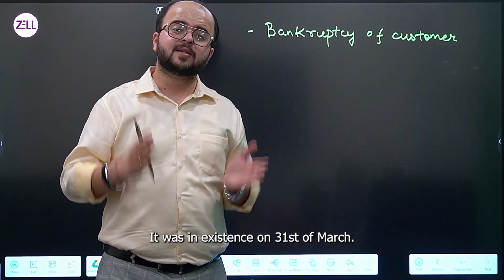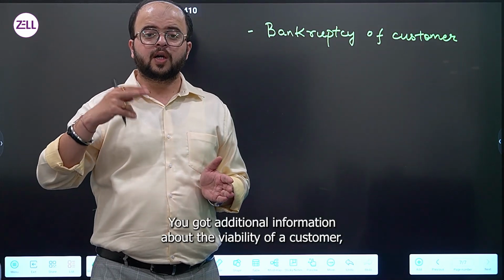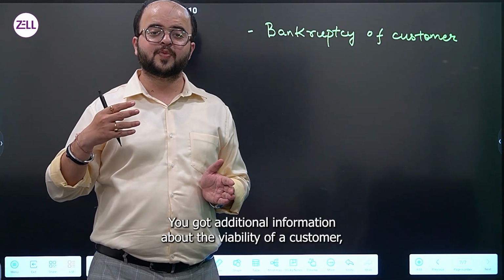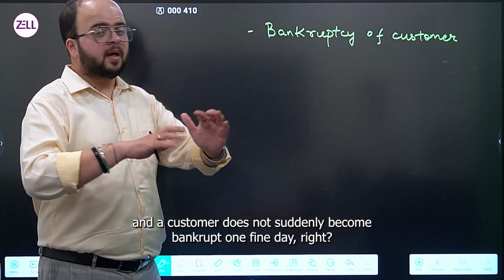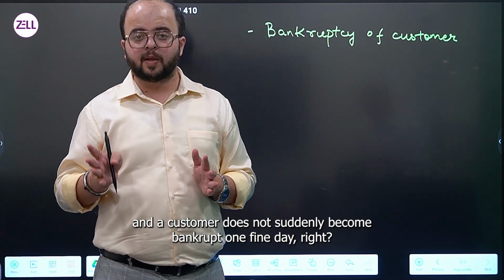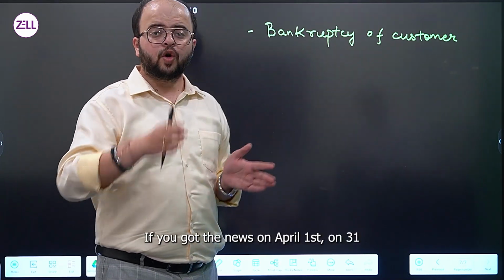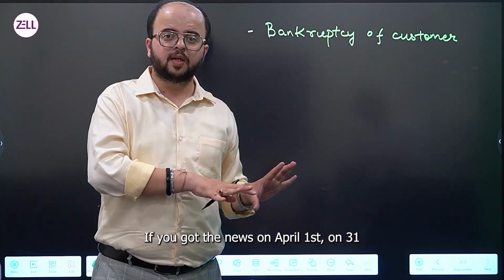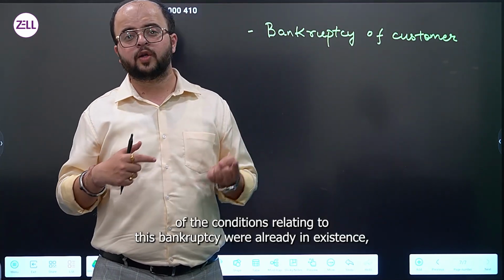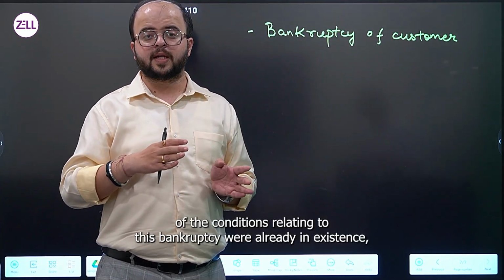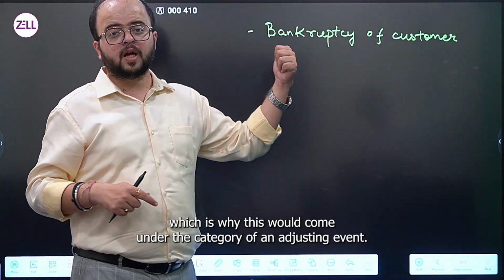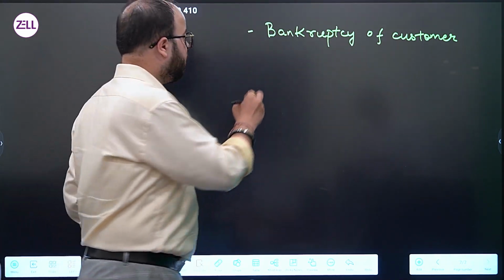It was in existence on 31st of March. You got additional information about the bankruptcy of a customer, and a customer does not suddenly become bankrupt one fine day, right? If you got the news on 3rd of April, on 31st of March also, the conditions relating to his bankruptcy were already in existence, which is why this would come under the category of an adjusting event.